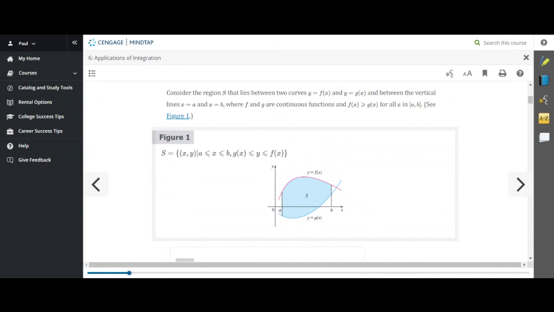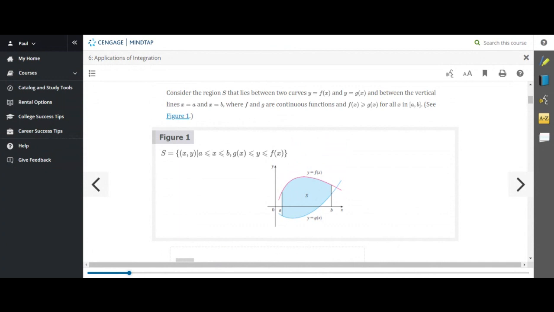If you put all those points together, that's going to be that blue shaded area S, because every point in that area has an x coordinate between a and b, and a y coordinate between f of x and g of x.